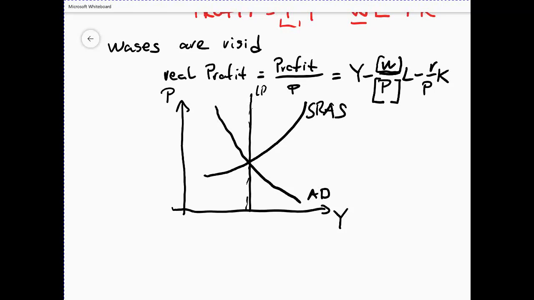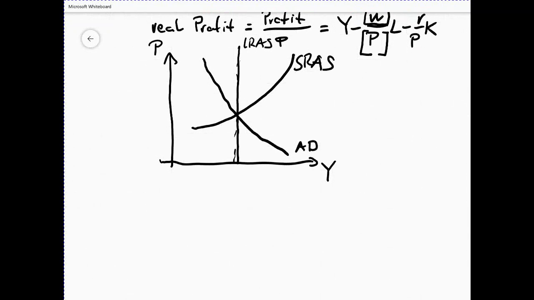So we have the long run aggregate supply here, and we will always assume that the SRAS moves with this LRAS. But in this case, we will assume that the long run aggregate supply is not affected. Now, let's assume that there is a change in aggregate demand. If there is an aggregate demand shock, then the AD will shift to the right, and that means that prices will go up.